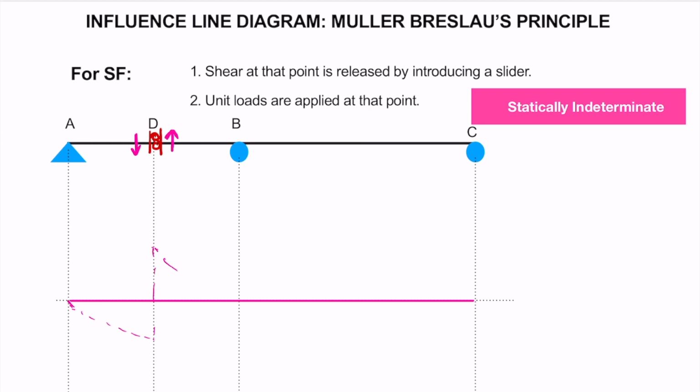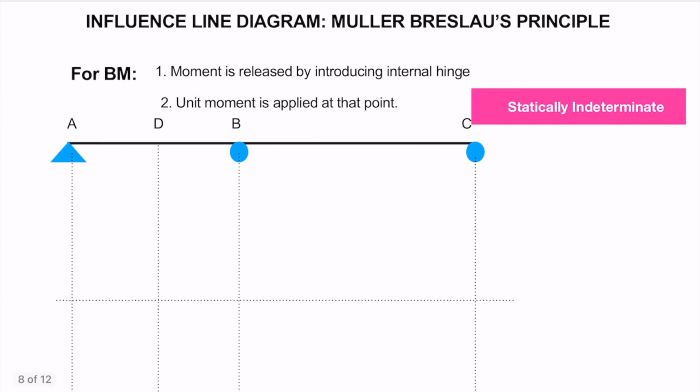This will be the deflected shape of the beam. So hence this will be the ILD for shear force at D. See, the steps are similar. It's just that for statically indeterminate beam we are getting curved lines.